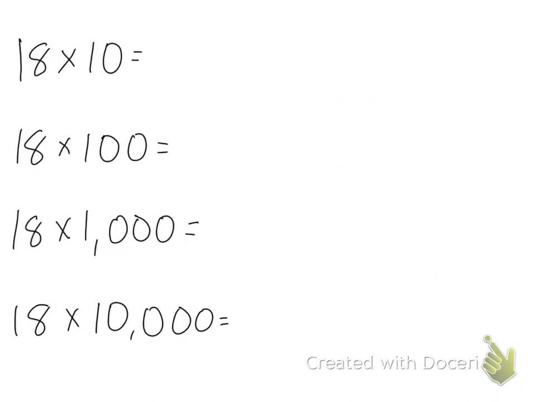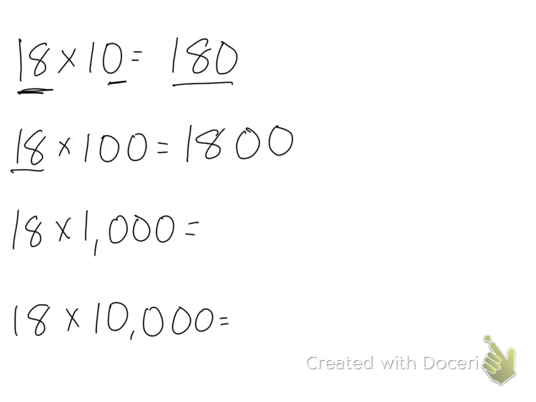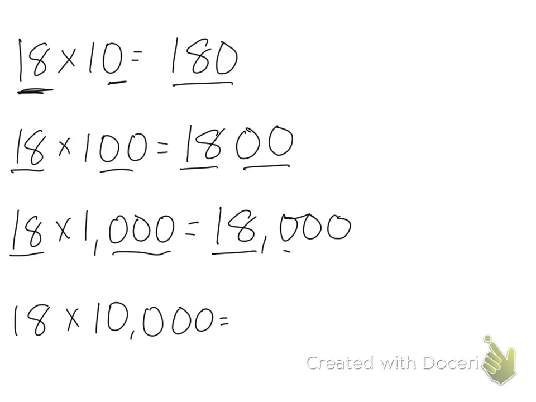Okay, so let's do these problems. We have 18 times 10, 18 times 100, 18 times 1,000, and 18 times 10,000. So 18 times 10 is 180 because it's the number we multiply with 1 zero. 18 times 100 is 1,800 because it's 18 with 2 zeros after it. 18 times 1,000 is 18,000 because it's 18 with 3 zeros at the end.